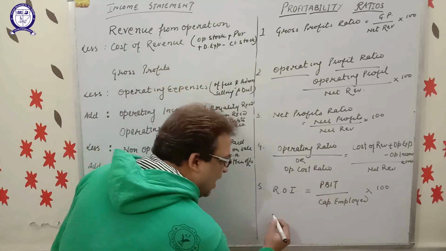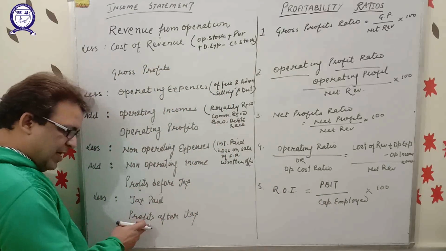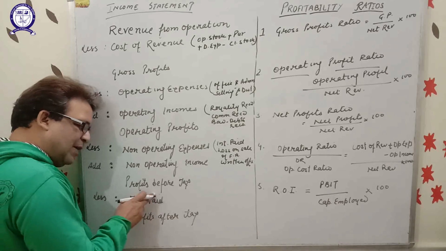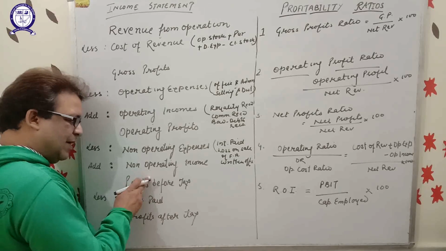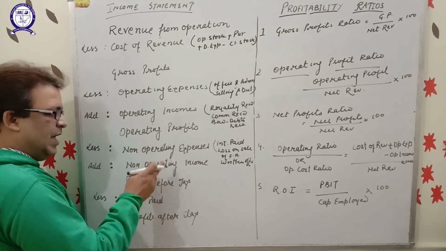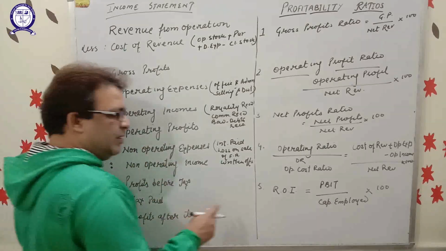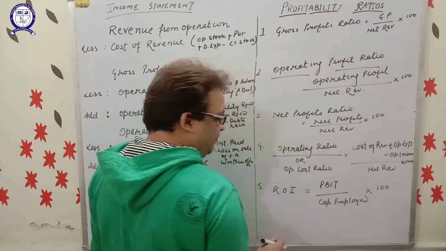Suppose profit after interest and tax is given in the question. First of all, tax will be added back. Then profit before tax will come, and then interest paid on long-term liabilities will be added back. Only then will we be able to calculate profit before interest and tax.